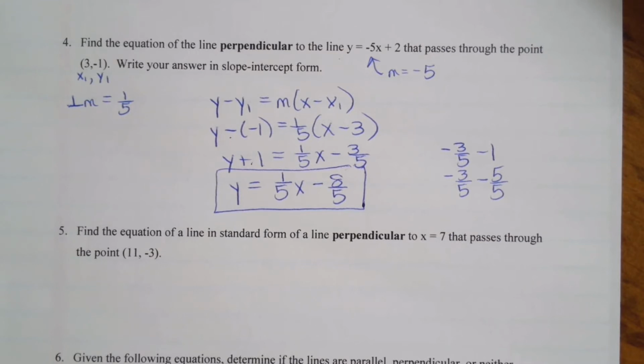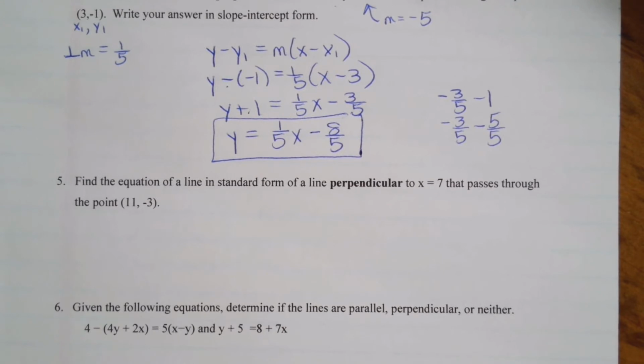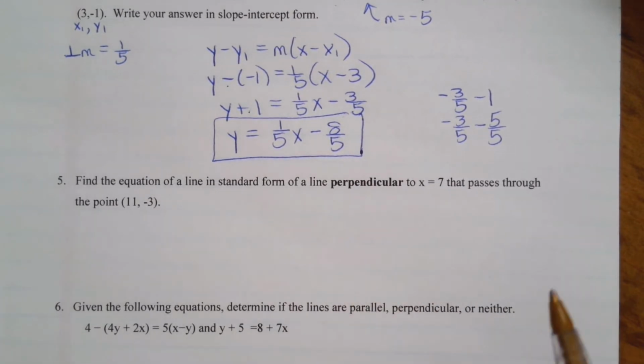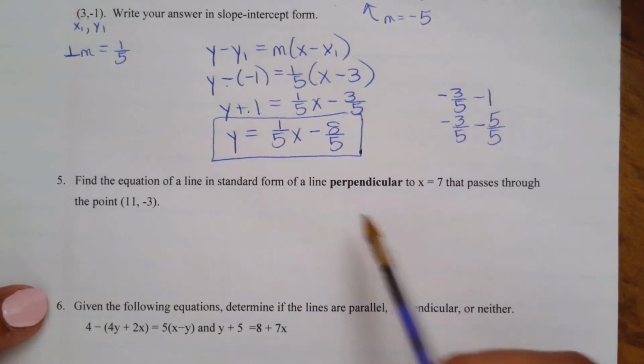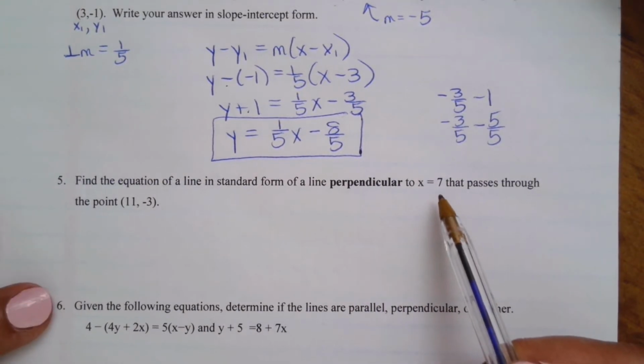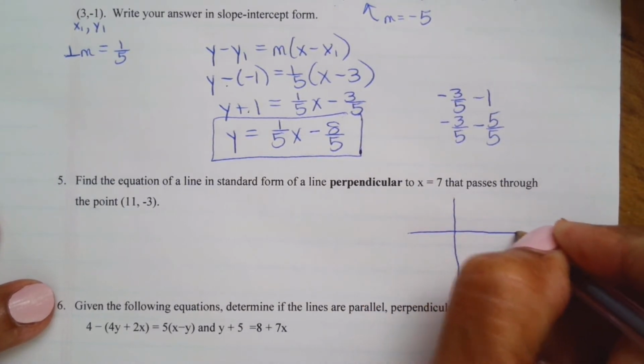All right, number 5. Find the equation of a line in standard form for a line that's perpendicular to x equals 7 and it passes through the point (11, -3). All right, so this is one of those that you don't really have to do any work, but some of you, if you don't understand it, wouldn't know where to start. So think about this. Perpendicular to the line x equals 7. Well, x equals 7, remember that's a vertical line.